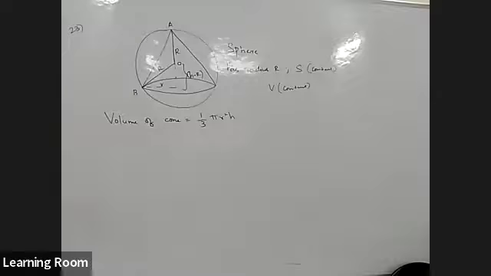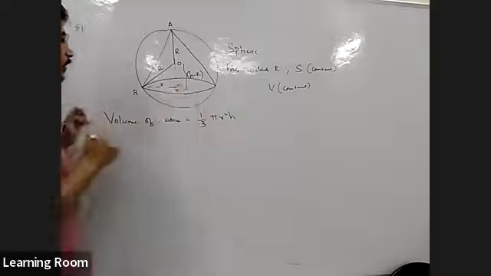So if you observe the volume of cone, small r and small h, they both are variables. And how do you write it in terms of capital R? A, O, B, let me take this as C.